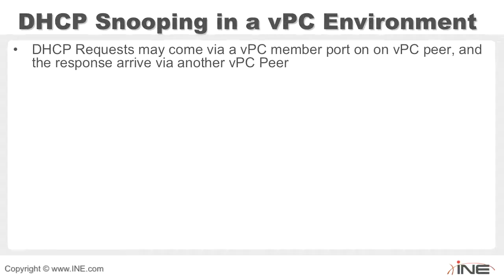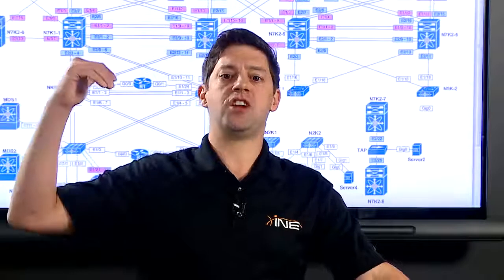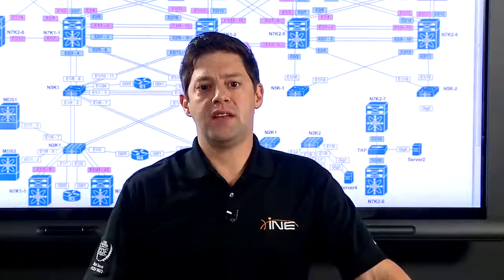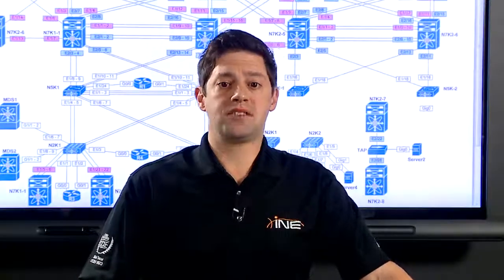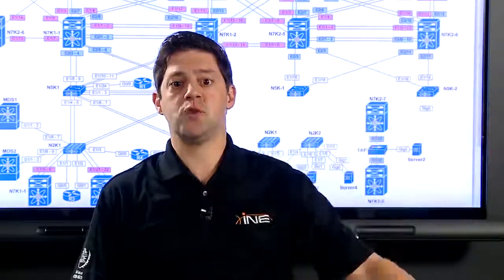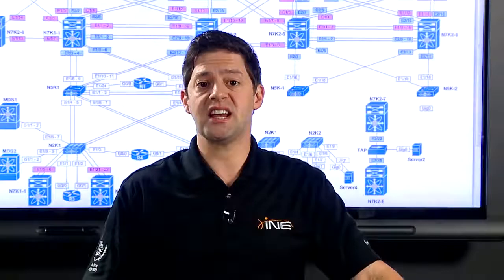Now, DHCP requests could come in from a VPC member port, so let's look at DHCP snooping in a VPC environment. Keep in mind with a VPC environment, we've got two peer switches, and we might have a request coming in on, let's say, peer switch A, the primary, and the response might come back on peer switch B, the secondary.